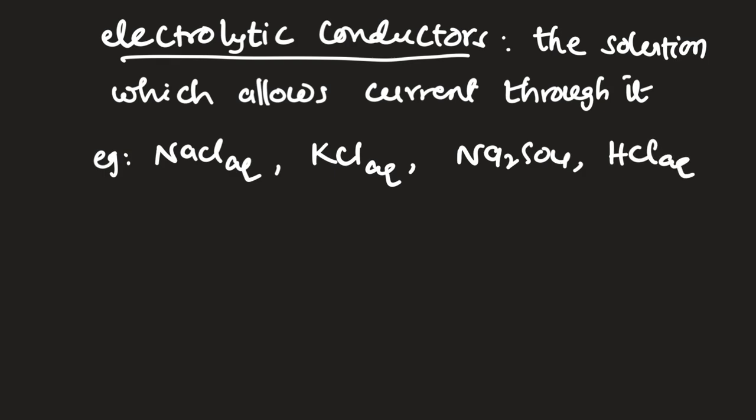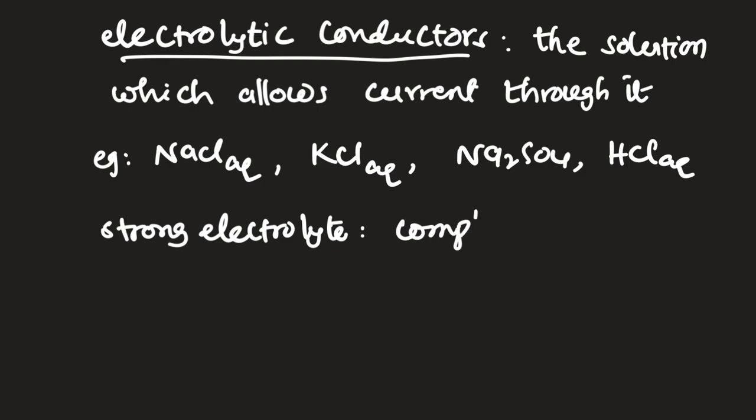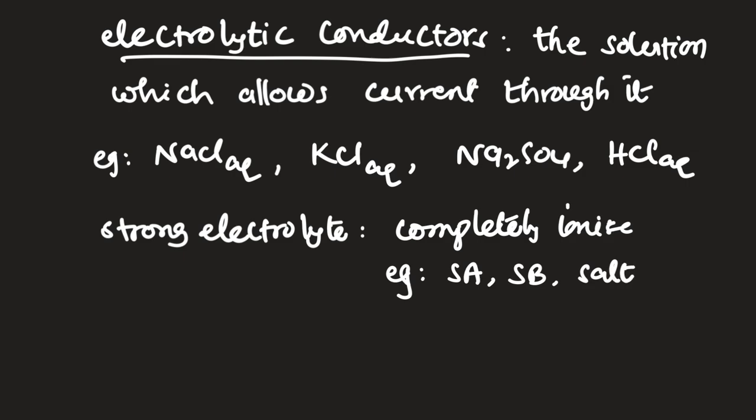In this electrolytic conductor we have strong electrolytes. Strong electrolytes are completely ionized. Example, strong acids, strong bases, and salts.